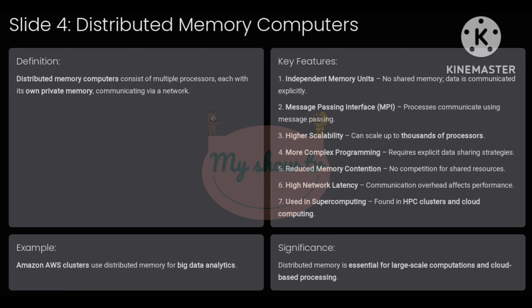Depending on computational needs, resources can be allocated dynamically. Example: IBM Summit, one of the world's fastest supercomputers, utilizes a hybrid architecture to process massive AI and scientific workloads efficiently. Key takeaway: hybrid computing is essential for modern HPC systems, offering both speed and scalability.